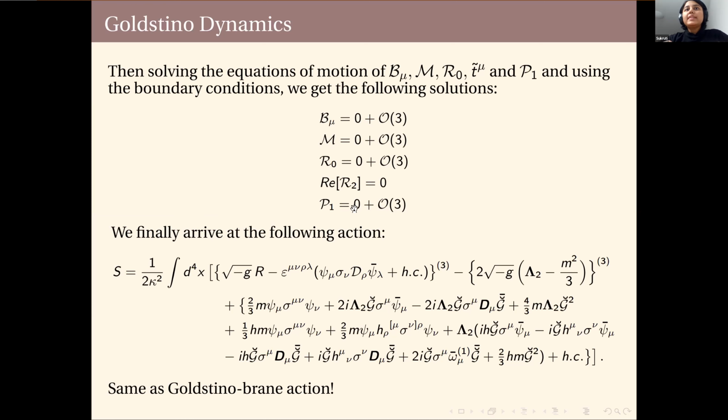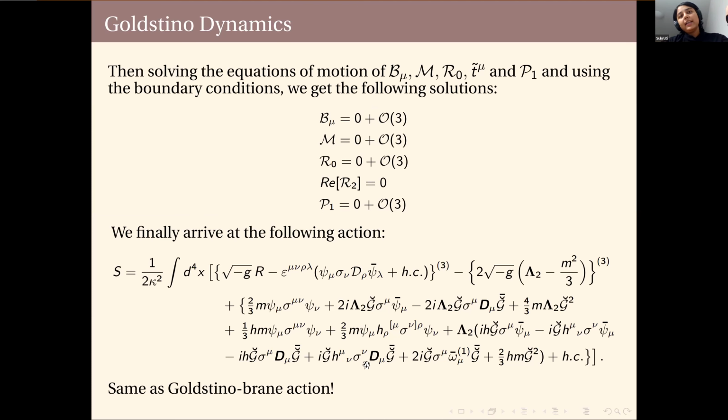So all of these fields vanish up till the second order in field fluctuations, which provides a lot of simplification when writing the Lagrangian up till the third order in field fluctuations. So this is the action that we get finally after doing all these field redefinitions and elimination of the auxiliary fields.